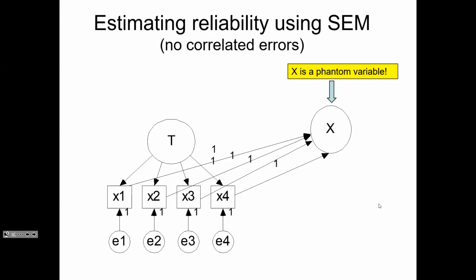Now, here's a question. You could dig back into your measurement roots. So we said reliability is the proportion of true score variance to total variance. But what is the relationship between the true score and the observed scale score? Anybody know?